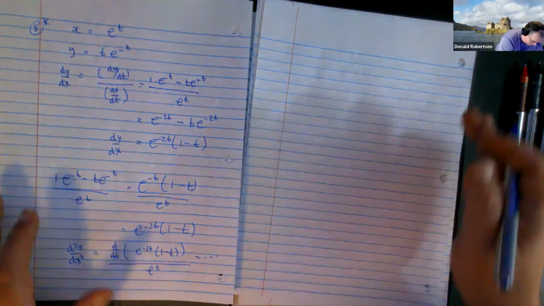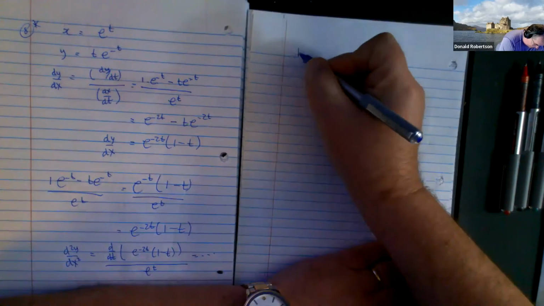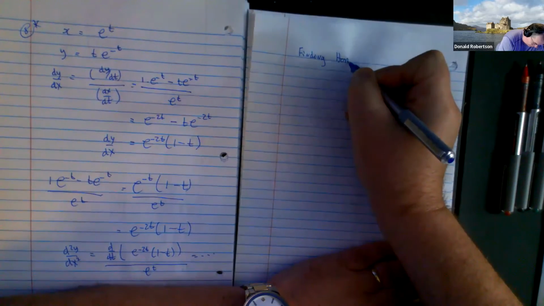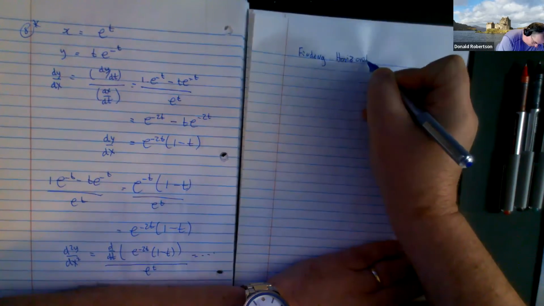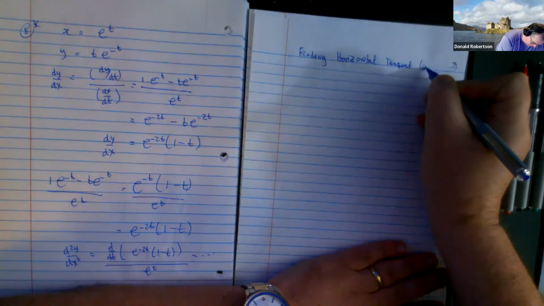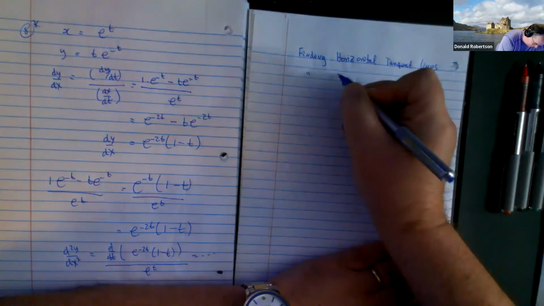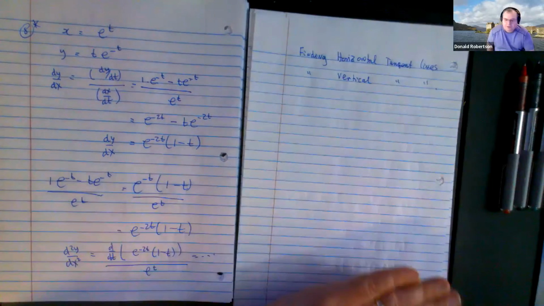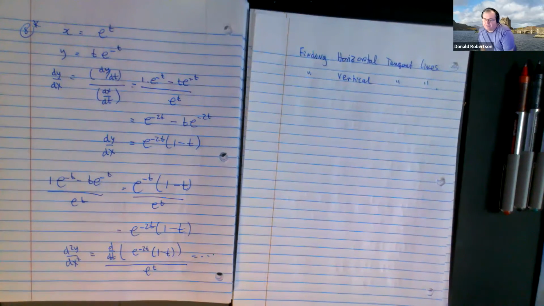We're now going to look at finding horizontal tangent lines and finding vertical tangent lines. So we're only going to be finding first derivatives again, because that's all you need to use if you're looking for horizontal or vertical.